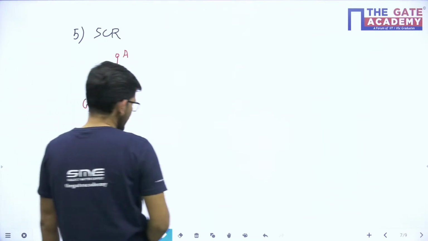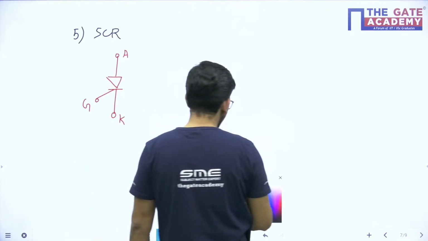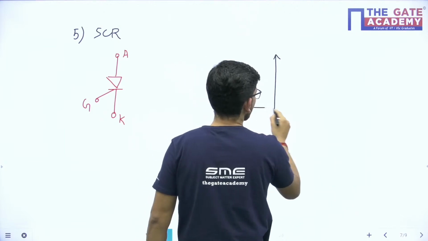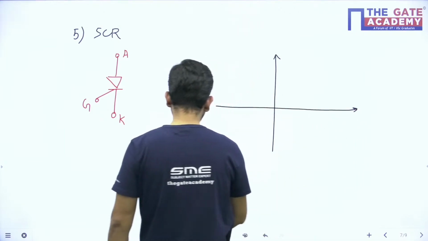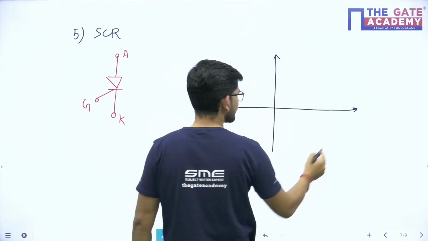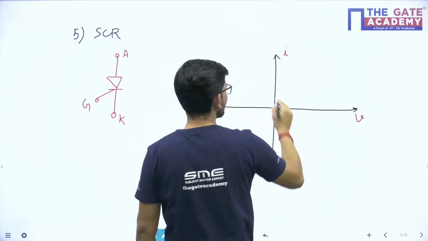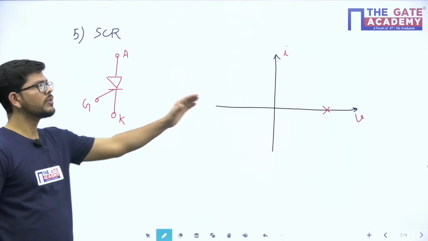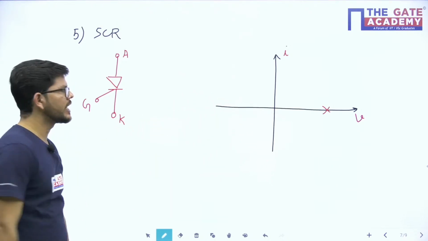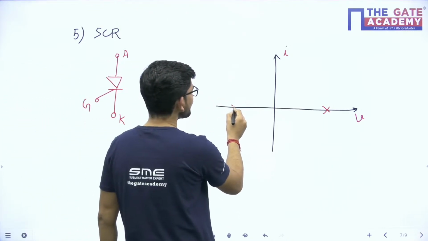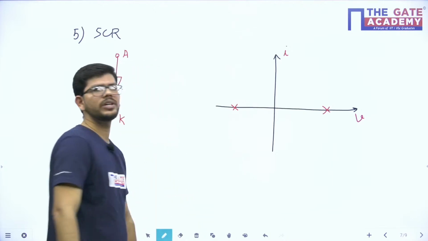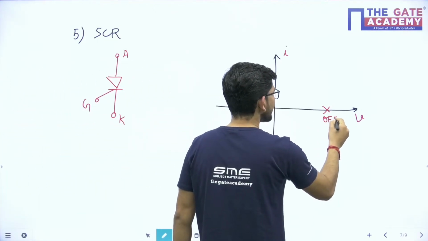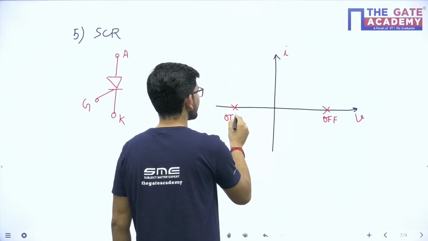So if I draw the characteristic of SCR, if you apply forward voltage, SCR is going to block the forward voltage. If you apply the reverse voltage, it is going to block the reverse voltage as well. So it will be off in this direction and in this direction as well.